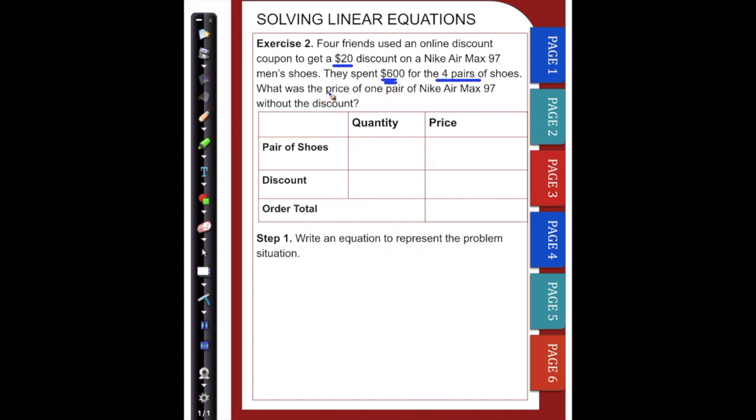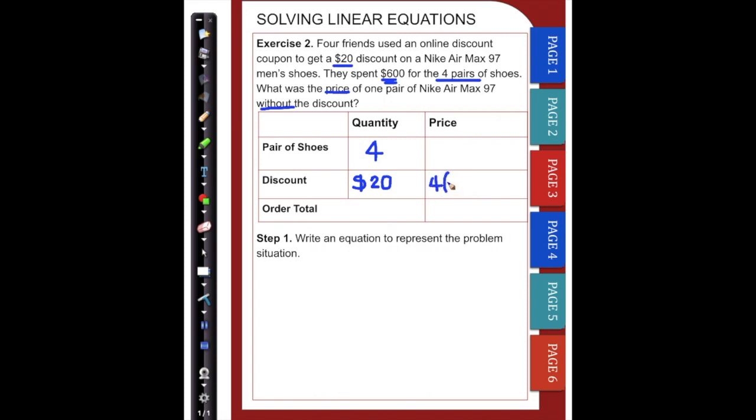Okay, so where do these quantities go in the table? There are 4 pairs of shoes. 1 pair is $20. That means if there were 4 pairs, so 4 times 20, they got a total of $80 discount.